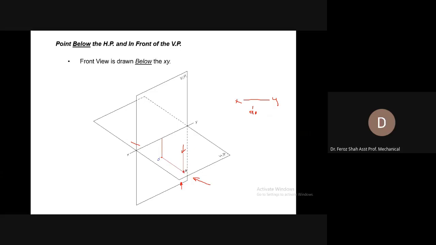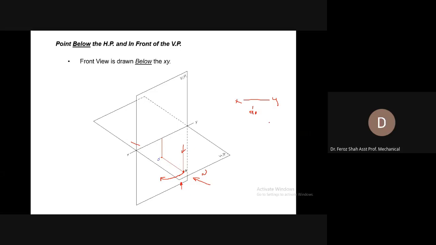Now after getting the top view at the horizontal plane, the method in vogue is to rotate the horizontal plane about 90 degrees so that the horizontal plane merges with the vertical plane. So you can see that the top view would be placed somewhere here on the vertical plane, but below the XY reference line.